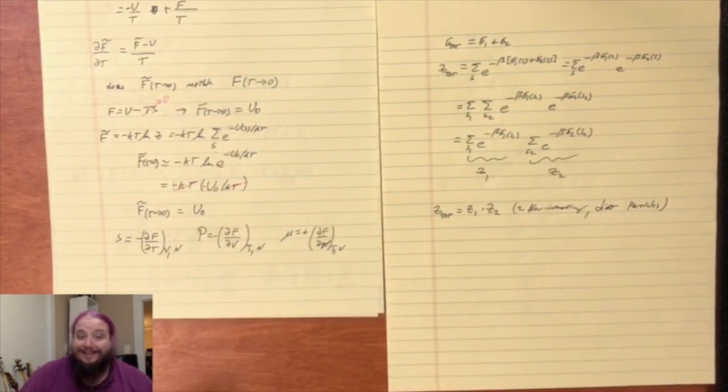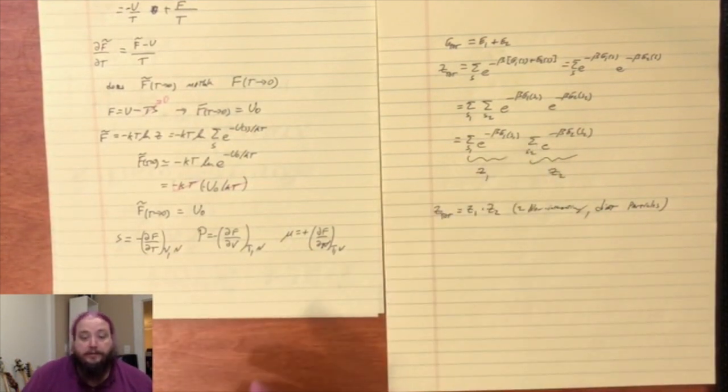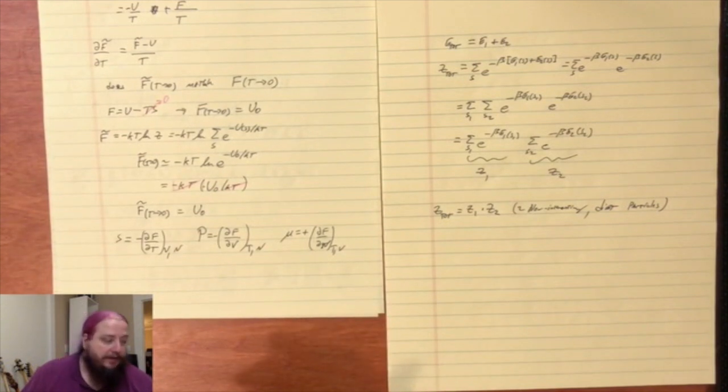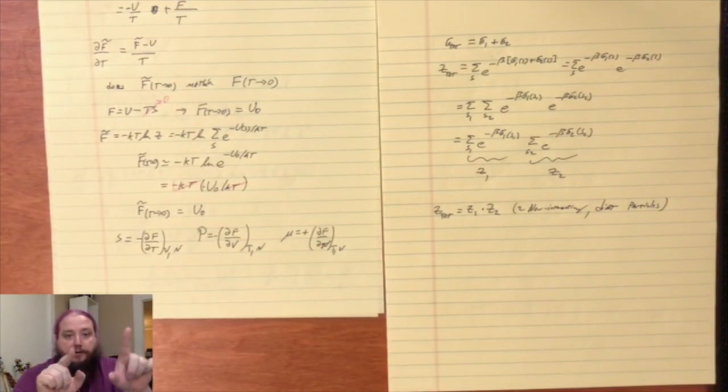If they were indistinguishable, then this double sum that we just did would be double counting, in the usual way that we have double counting for these things that we've run into multiple times. If we can't tell the particles apart, then a particle over here and a particle over here, 1, 2, is the same as 2, 1.